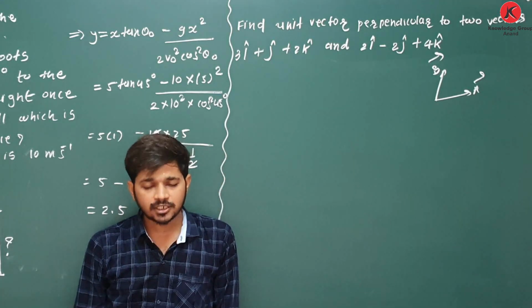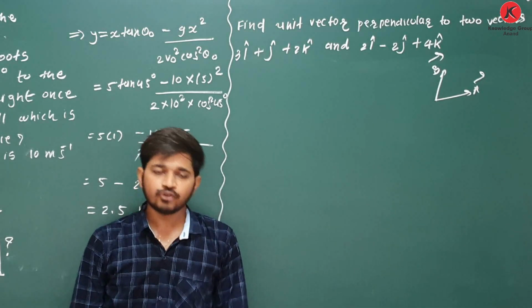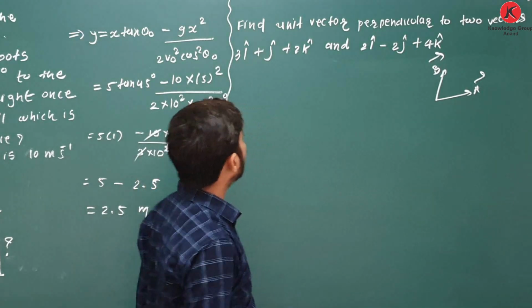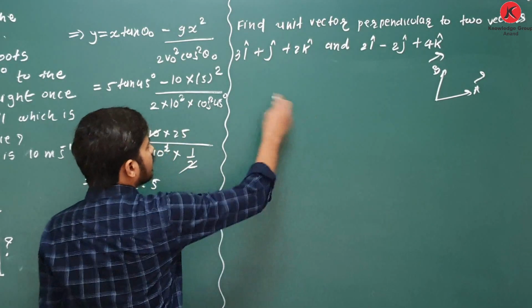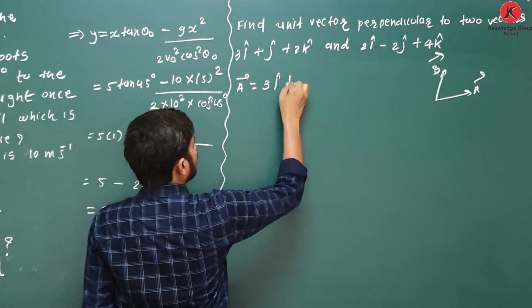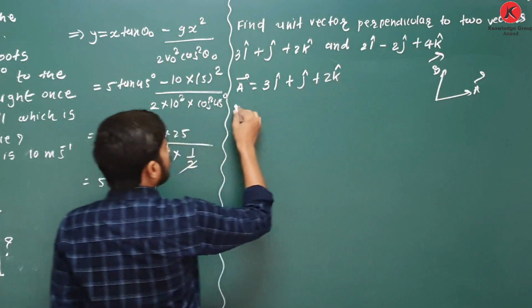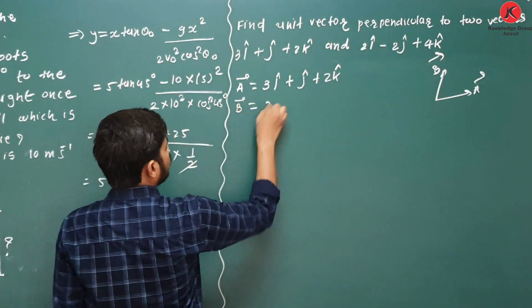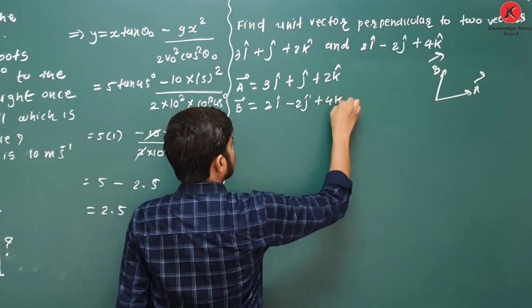Okay, because in a vector product, the direction of the resultant is perpendicular to both vectors. So first of all, we have to find a vector perpendicular to two vectors. Let a be equal to 3i plus j plus 2k, and b be equal to 2i minus 2j plus 4k.